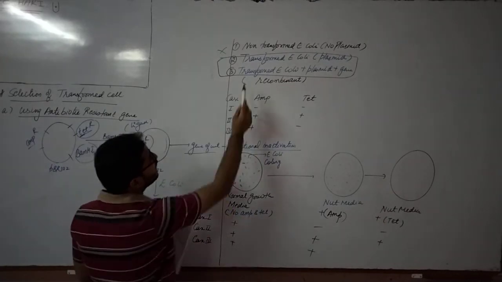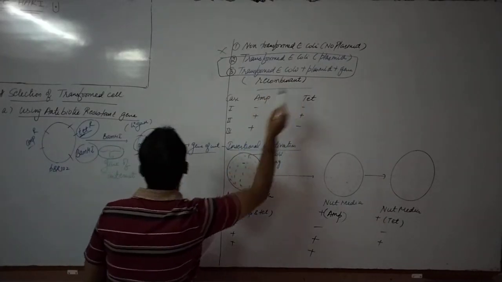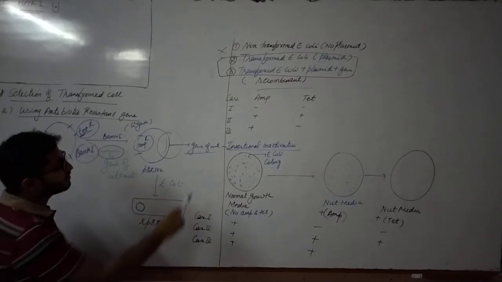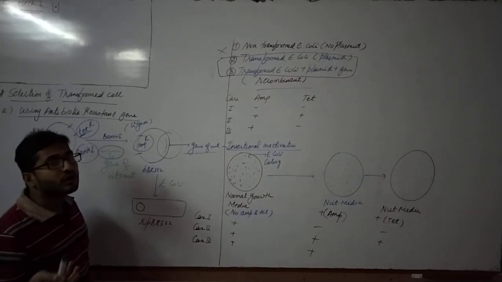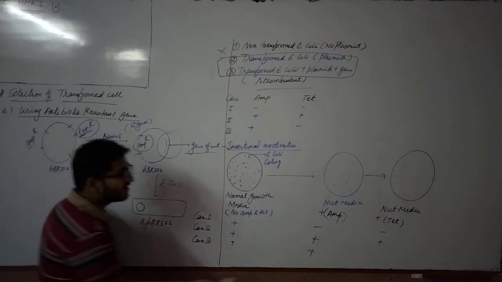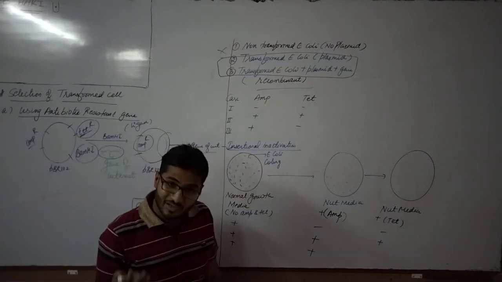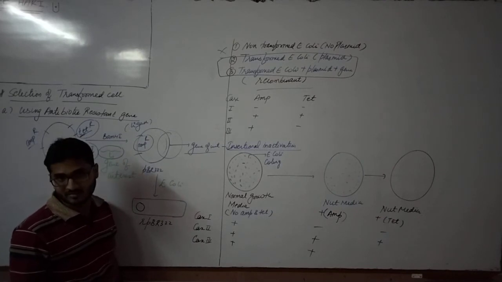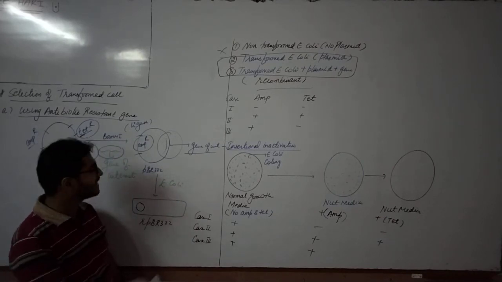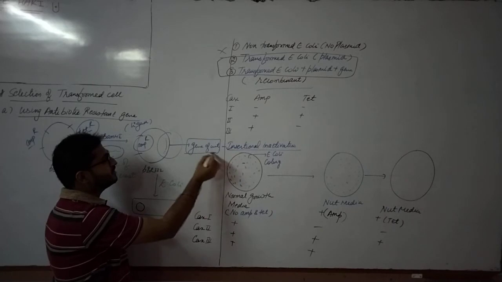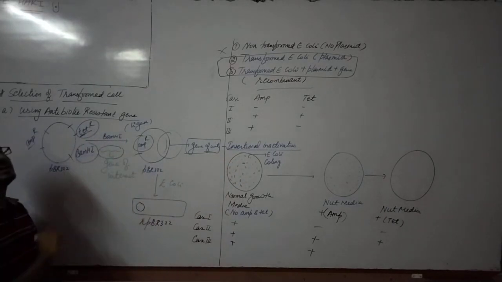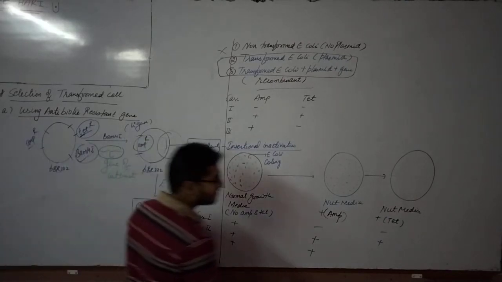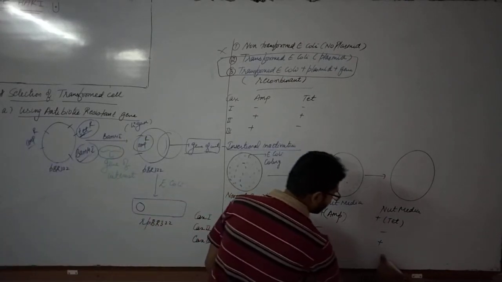Third case, transformed E. coli with the recombinant plasmid. Tetracycline resistance is lost because of the addition of the gene of interest. So how would any bacteria survive if the medium contains tetracycline but there is no more resistance against it? Why no more resistance? Because we have added the gene of interest within the tet R region only, and that is located in the plasmid. So these cells will not grow, negative.